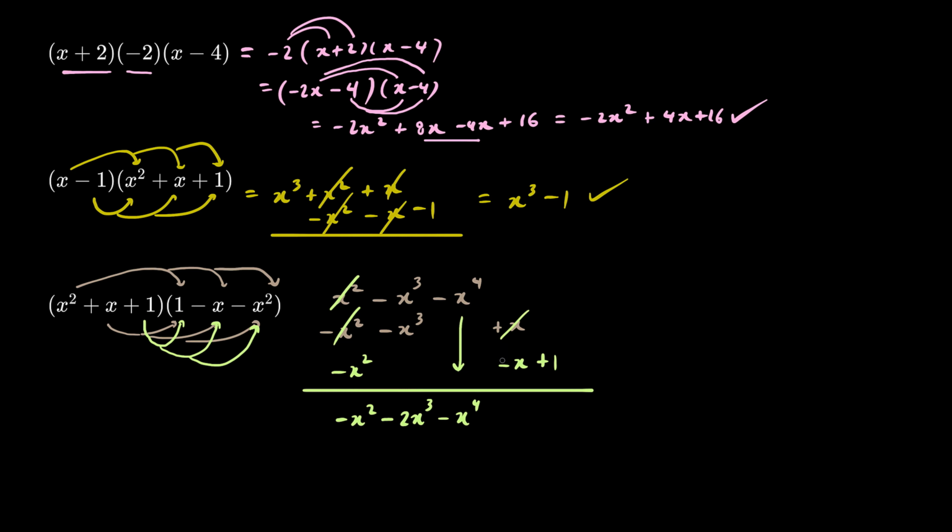And this positive x, negative x cancel, and we have a plus 1 here. So this here is the correct answer, or we can rearrange from highest to lowest powers. So this is also equivalent to negative x to the 4 minus 2x cubed minus x squared plus 1.